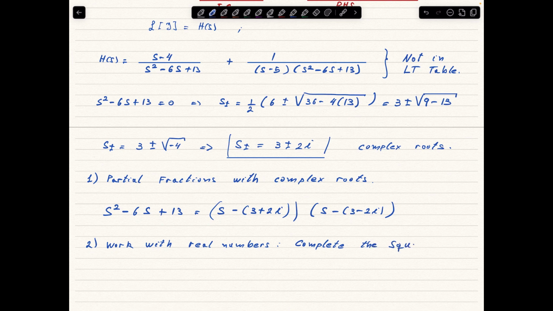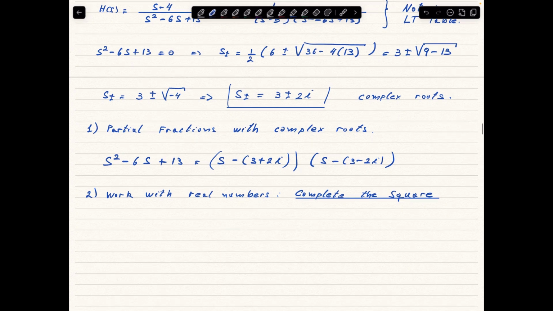So we are going to do the latter one, and what is going to be that completing the square? The idea is we want to write s squared minus 6s plus 13 as s minus some number that we need to find, all squared, plus some other number squared. That is what we mean by complete the square.